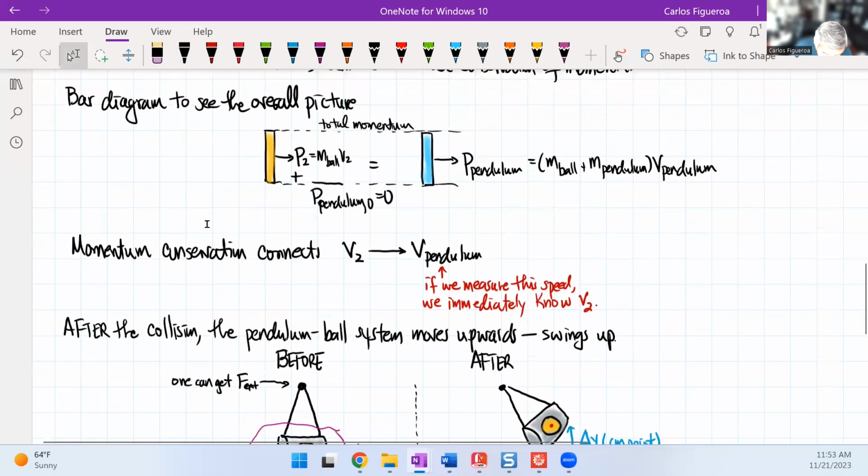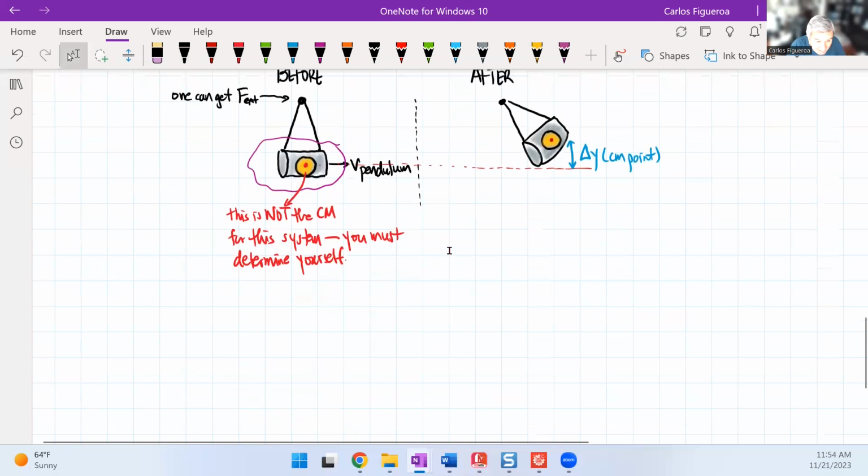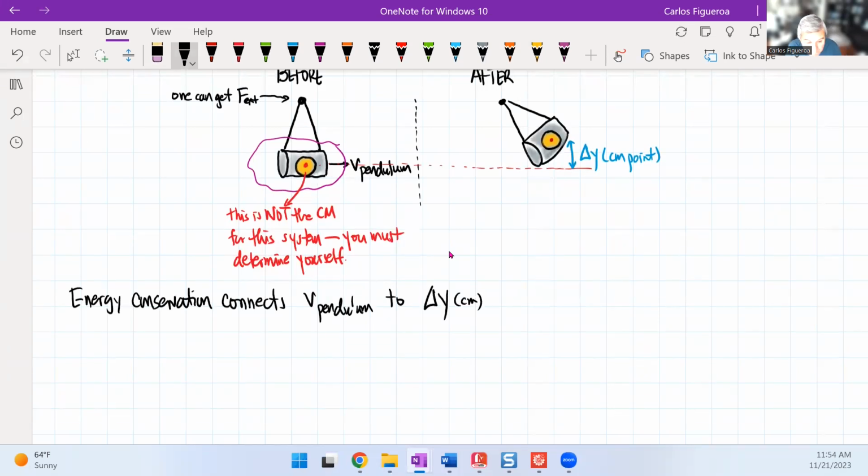So up here, we had momentum conservation that connects V2 to V pendulum. In a very analogous way, we have that energy conservation connects the pendulum to the height change of the center of mass point.